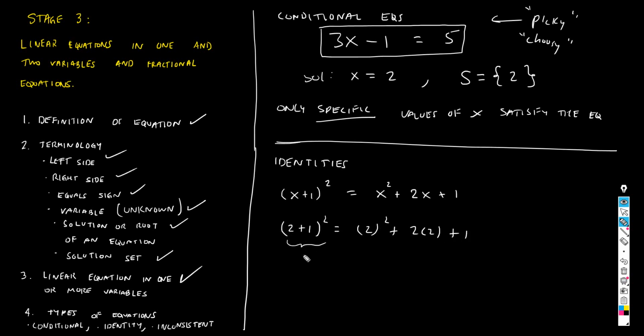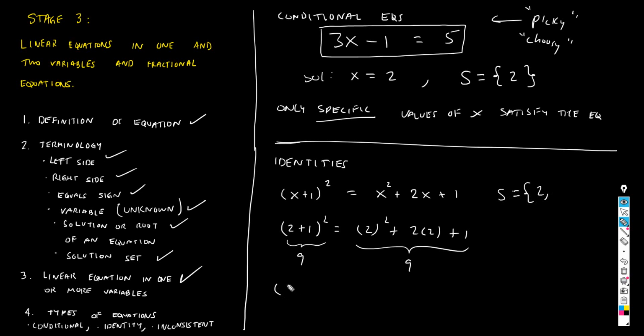How much is this? This is going to be 9, right? And how much is this? It's going to be 4 plus 4 plus 1. That's going to be 9. So when I replace the variable by the number 2, it checks. So the number 2 is part of the solution set.